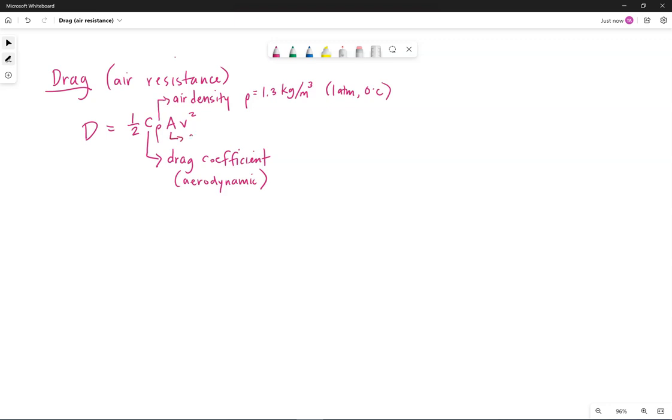Capital A here is called the cross-sectional area. It is the two-dimensional shape that you would see as an object was falling towards you.